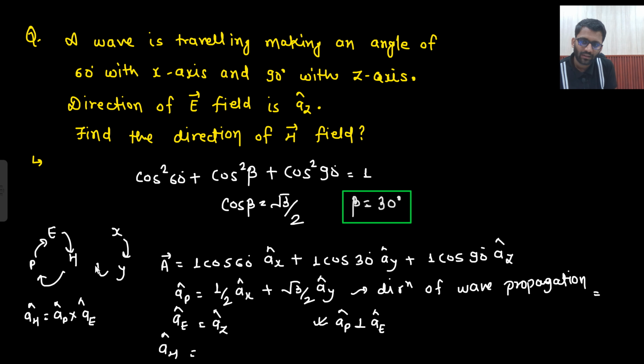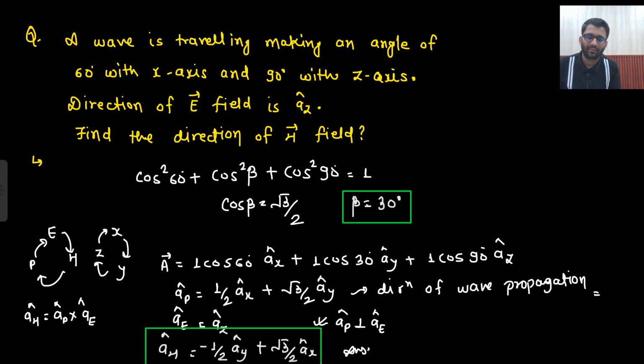X, Y, Z. So AH I need to write. So 1 by 2 X cross Z is equal to minus AY. And then Y cross Z is equal to X. This is the answer.